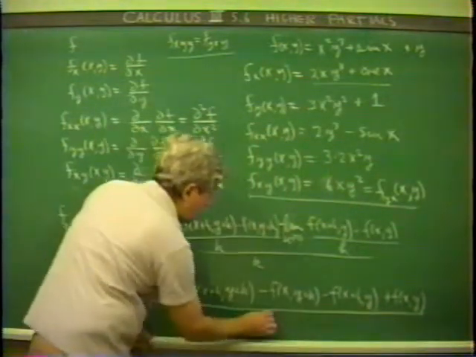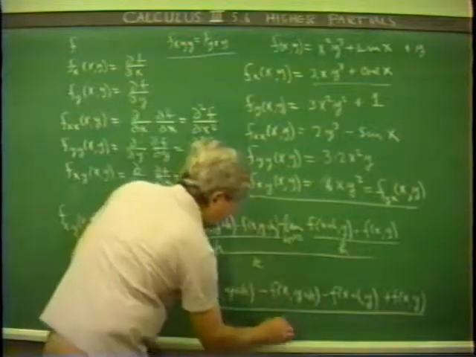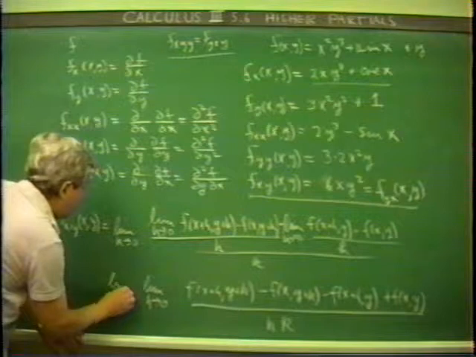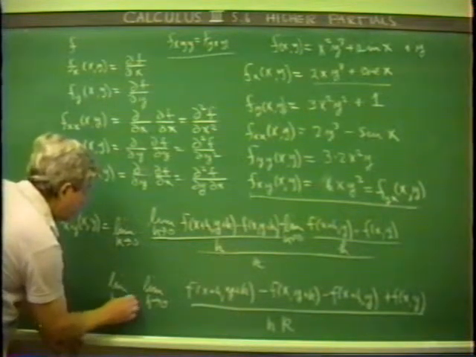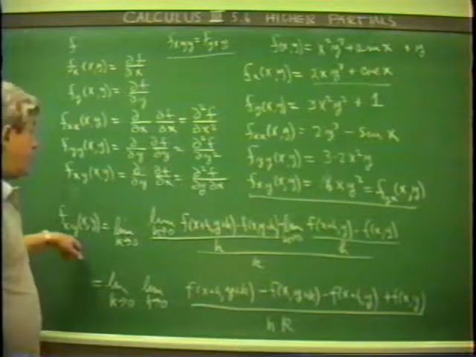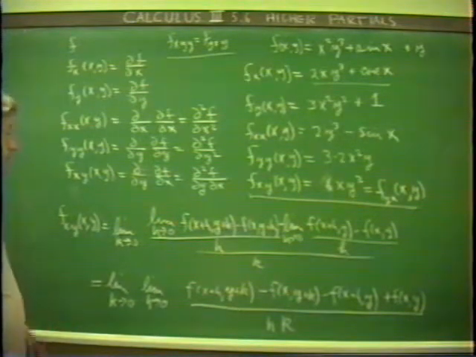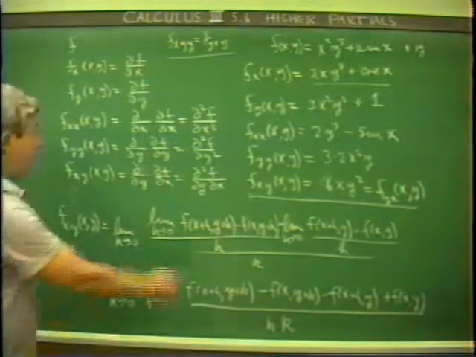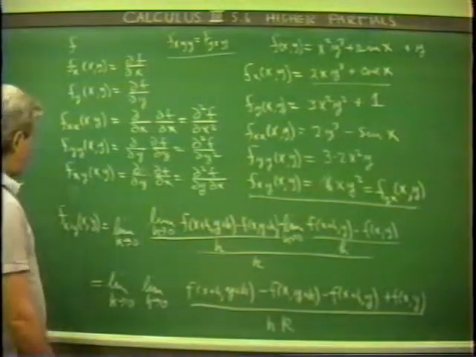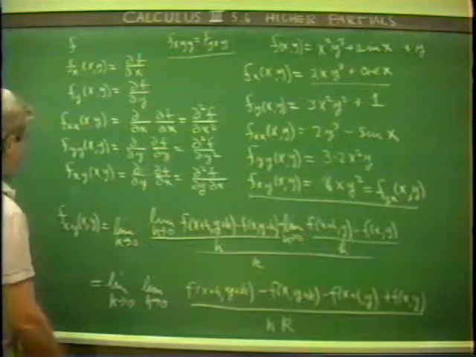We combine these two limits, and each of these is divided by h and then divided by k, and now take the limit as k approaches 0. This is going to be the partial with respect to x and then with respect to y, providing that these limits exist here, right?